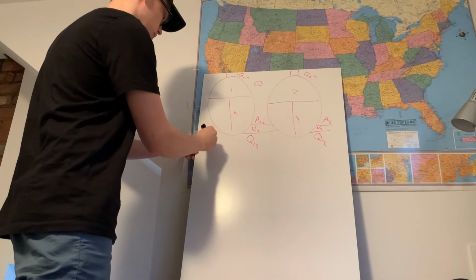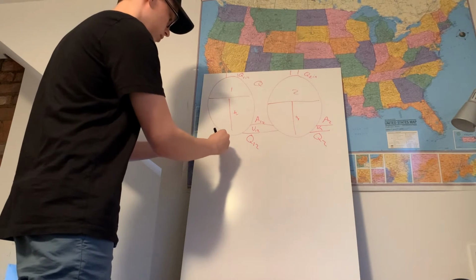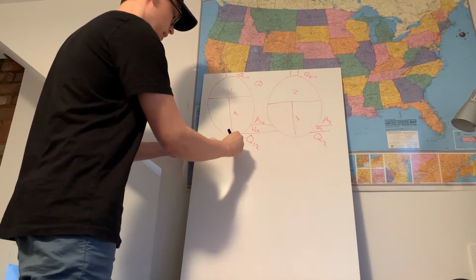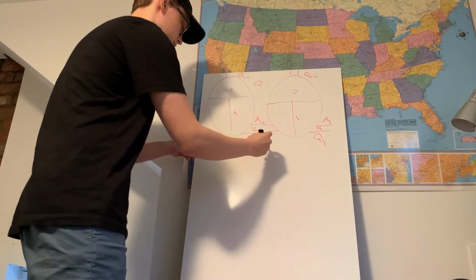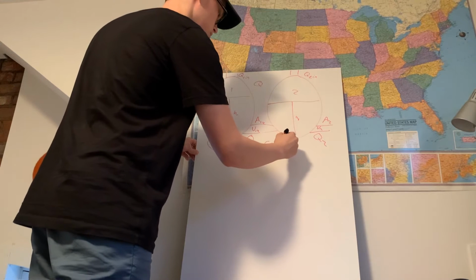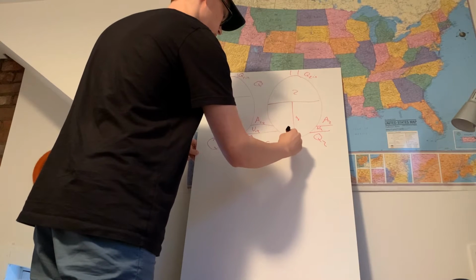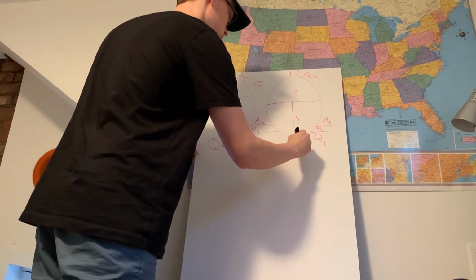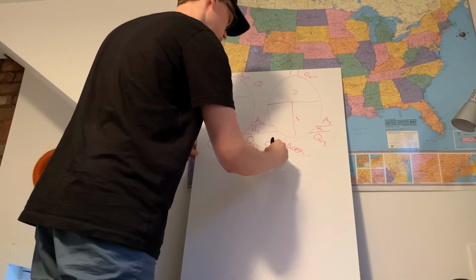Now we know that the flow rate, Q, is equal to A times V, the cross-sectional area times the velocity.